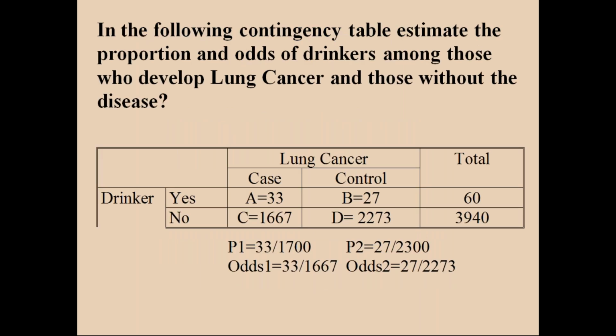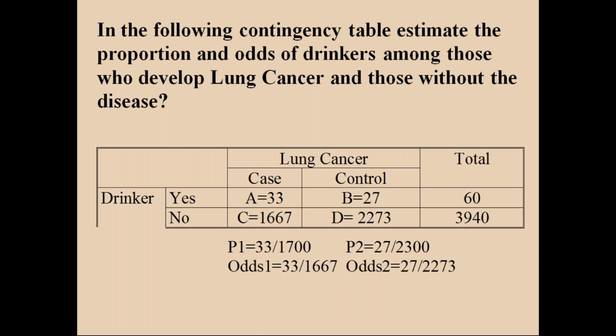In the following contingency table, estimate the proportion and odds of drinkers among those who develop lung cancer and those without the disease. Drinkers, yes. Lung cancer cases are 33. Non-cases are 1667.